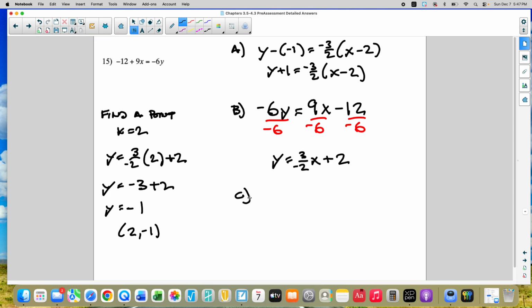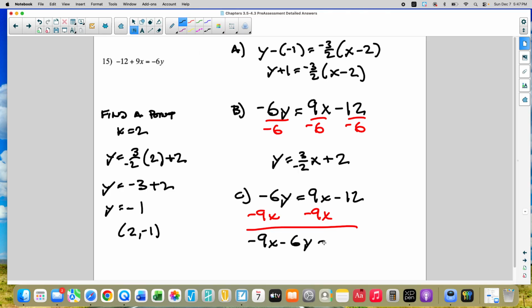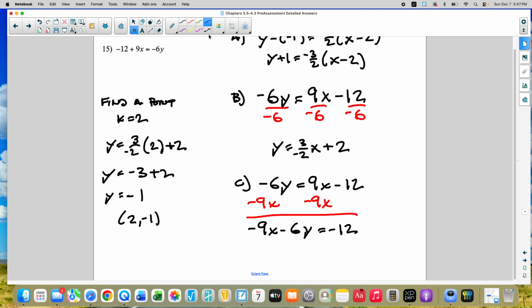And then standard, it's kind of close to standard. So you have -6y equals 9x minus 12. Let's move the 9x over to get x and y on the same side. -9x minus 6y equals -12. And we can just multiply it by a -1.